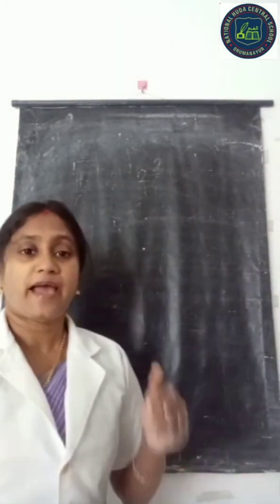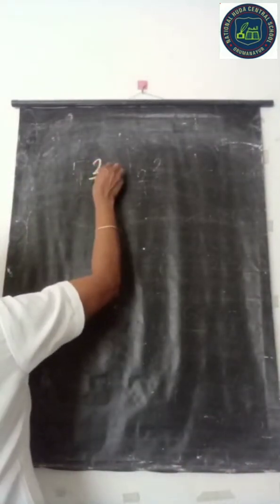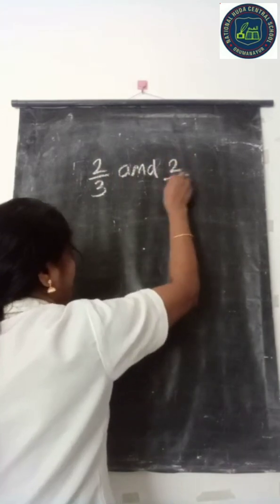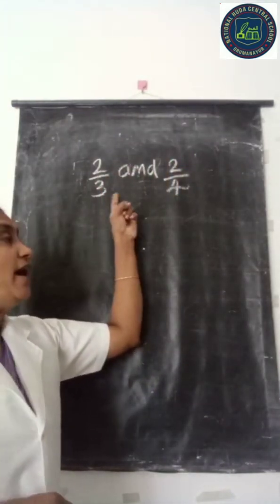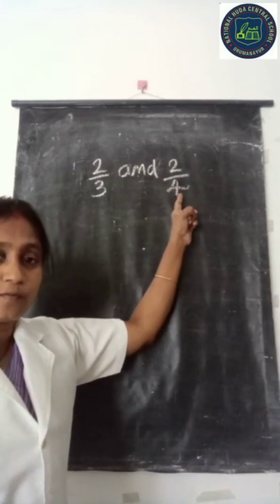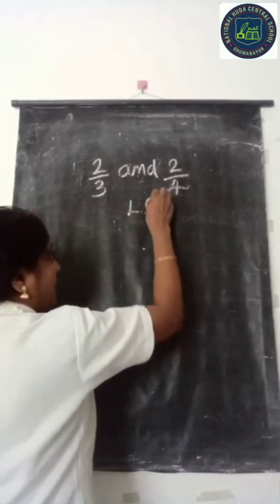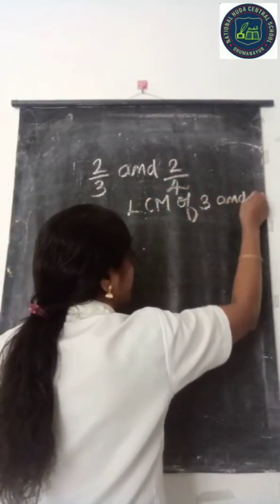Next question. Add 2 by 3 and 2 by 4. So here the denominator is 3 and here the denominator is 4. These two are different. So we can find out the LCM of 3 and 4.